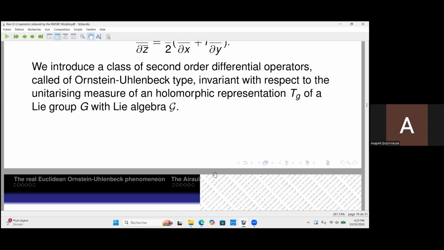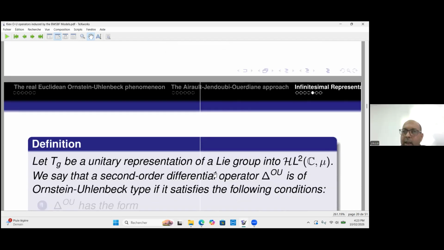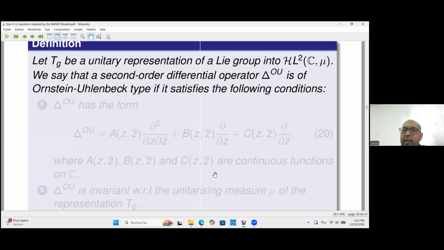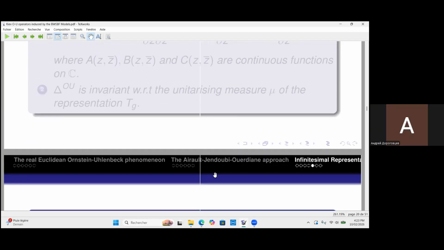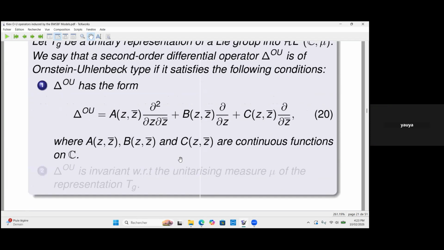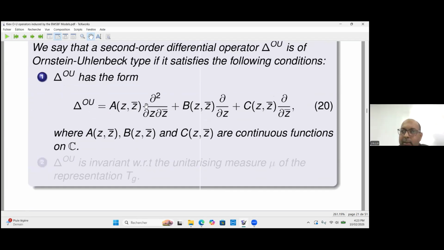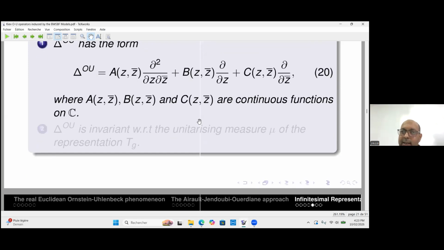So we shall call a second order differential operator of Ornstein-Uhlenbeck type if it has the form of a second order part with the weight A multiplied by, like, the classical Laplacian, because we work on Euclidean space, and a first order differential operator, where the coefficients are continuous functions depending on z and z bar.